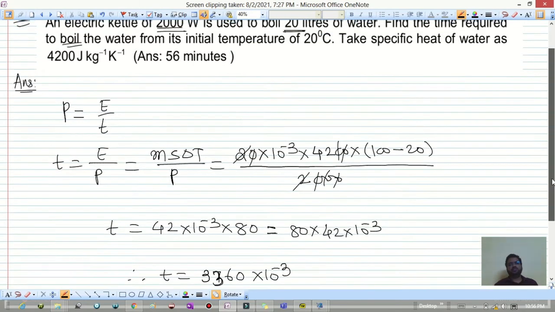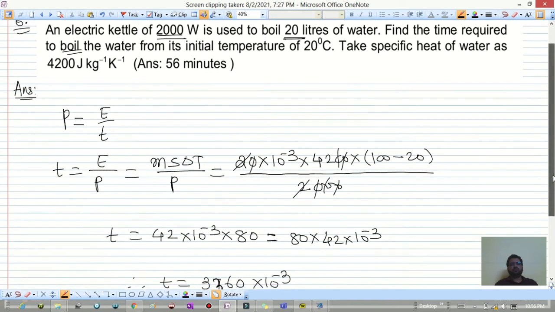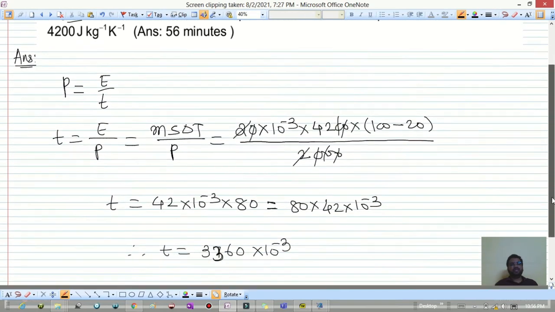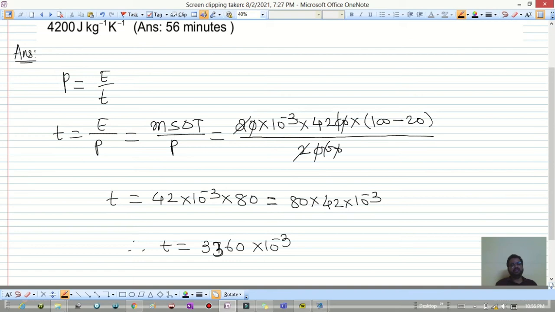This 10 to the power minus 3 is the meter cube we have, but we want it in kg, so you have to multiply by 10 to the power 3. Why? Because volume into density will give you mass. I wrote only the volume, I have to write density also. So 10 to the power 3, and we'll get 3360 seconds.